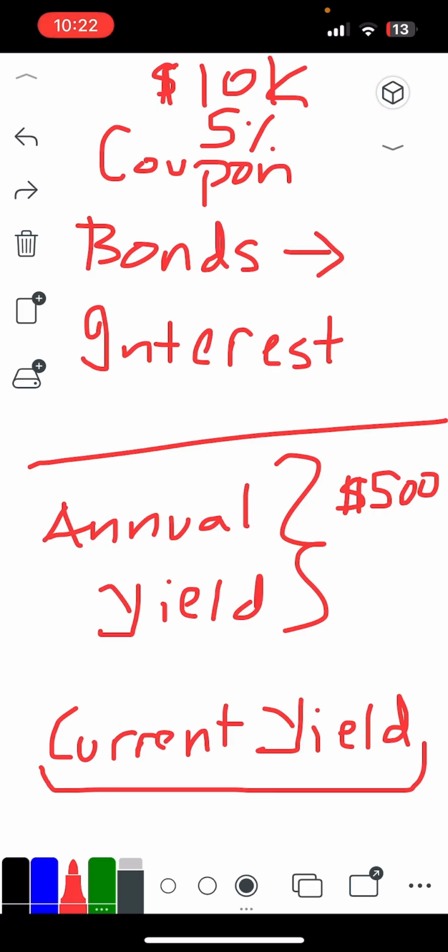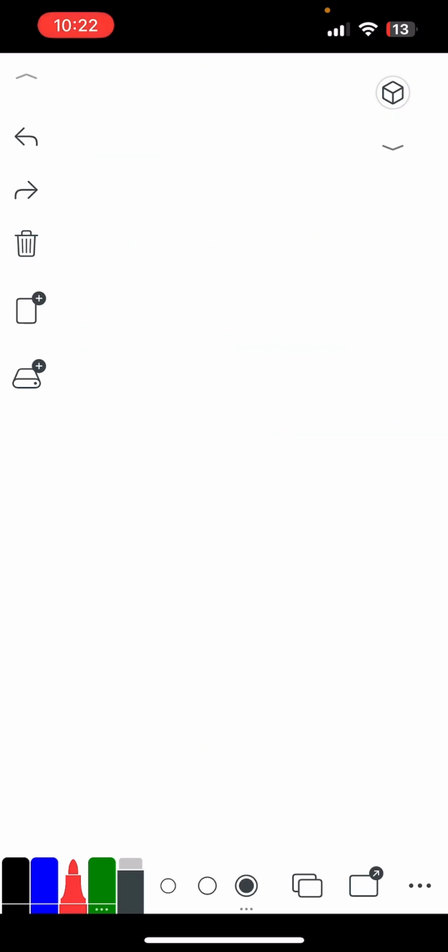You basically use the annual yield, which is $500. And just like your compound interest calculations, where you figure out the present value, you will divide 500 by your market interest rate. Let's say, for example, 1.06.